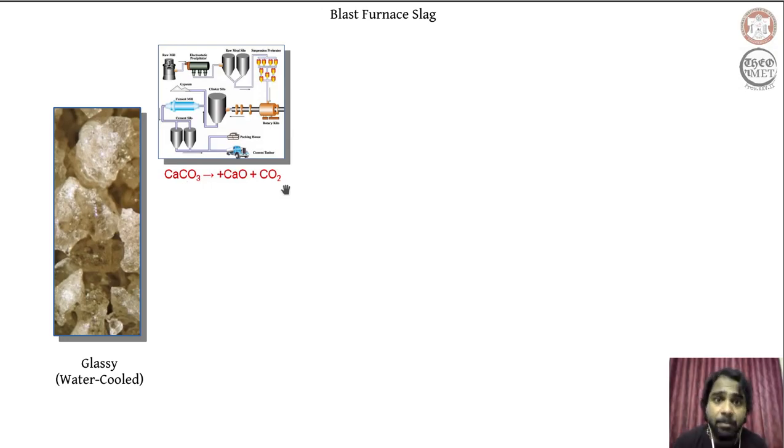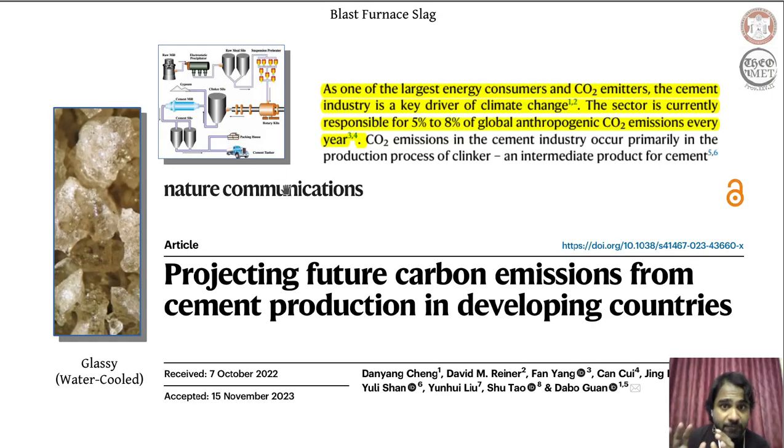And when this happens, you generate an enormous amount of carbon dioxide, which is something we have to avoid in the days to come. So if this is the conventional process, and if this is what using cement demands, now if I find a way to reduce the usage of cement, indirectly I'm contributing to reducing the amount of CO2 that is getting generated.